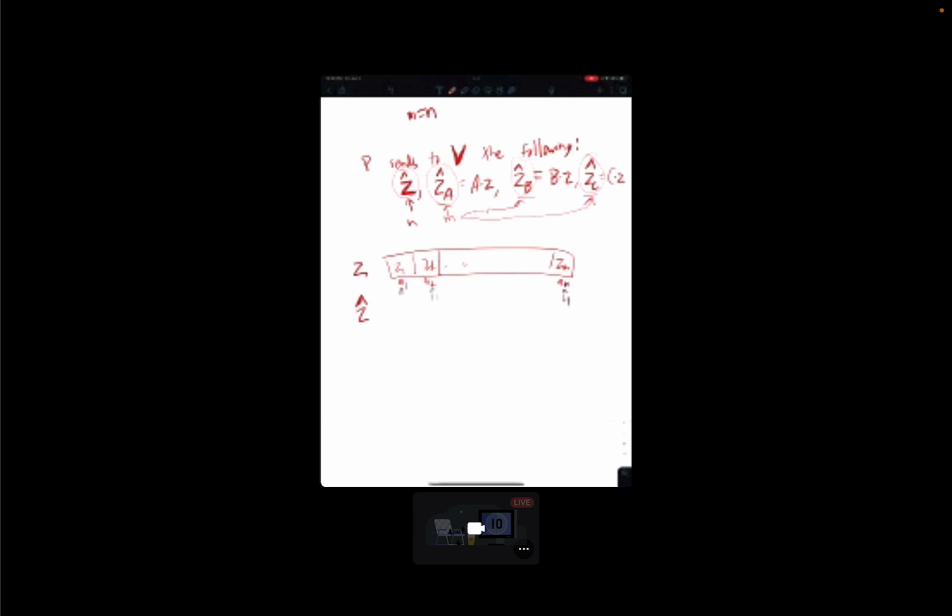What we're going to do is define Z hat via univariate Lagrange interpolation, and I'll give you a quick reminder in a moment what that is.